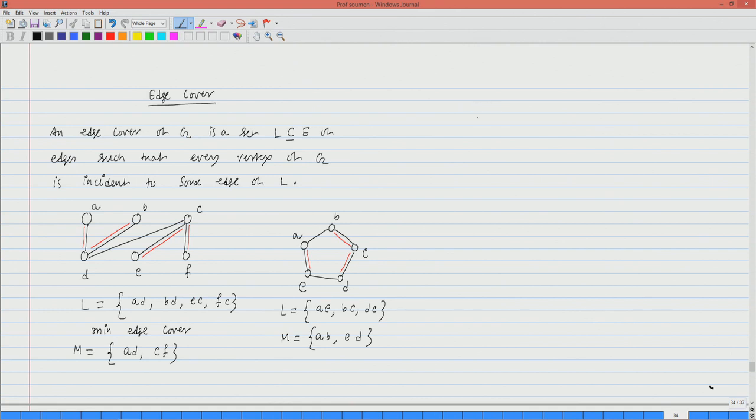Let me use this notation that alpha prime G is the notation for maximum size matching, and beta prime G is the minimum size of edge cover.